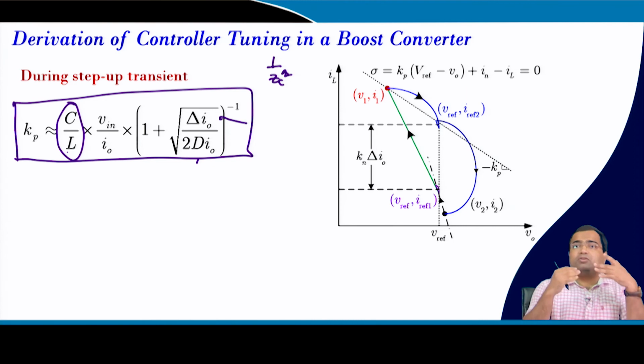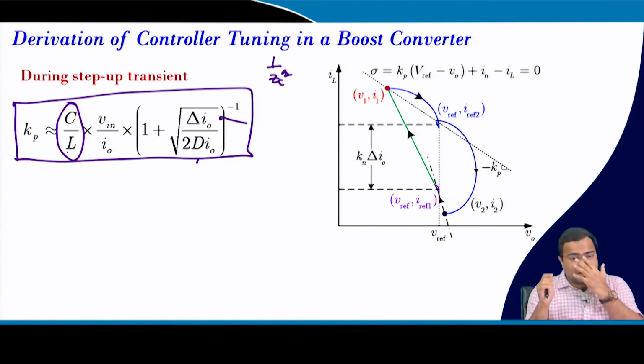We generally do not go for actual sensing of load current, though for a boost converter the load current is somewhat lower, because you are going for a high voltage, low current application. Still it is not very much recommended, but we can use an estimated load current algorithm.